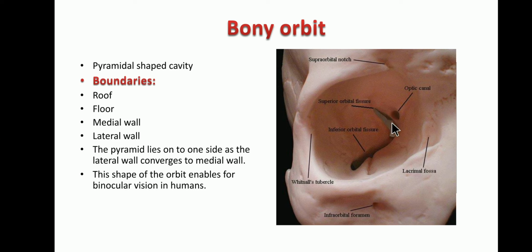But for all practical purposes, the apex is this thin part of bone which is present between the optic canal and the superior orbital fissure. The orbital margin is mainly formed by the frontal bone, zygomatic bone, and the maxilla.